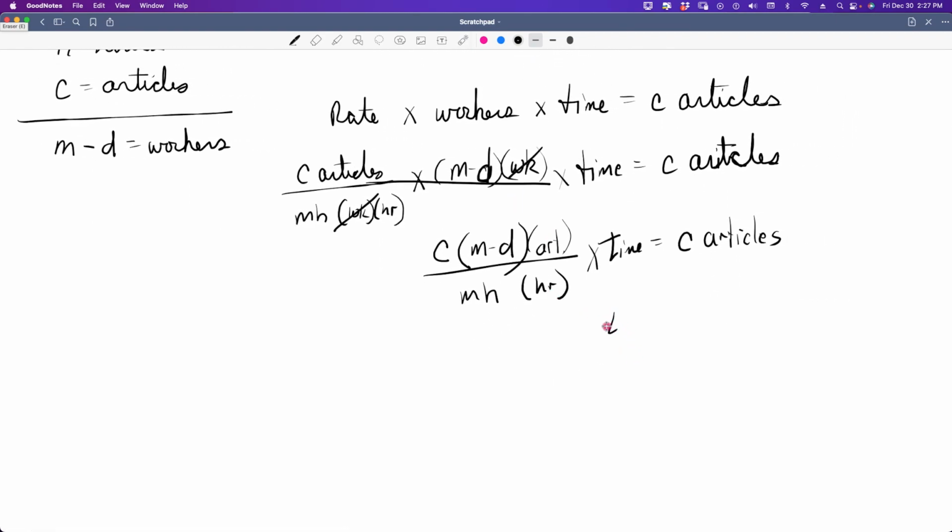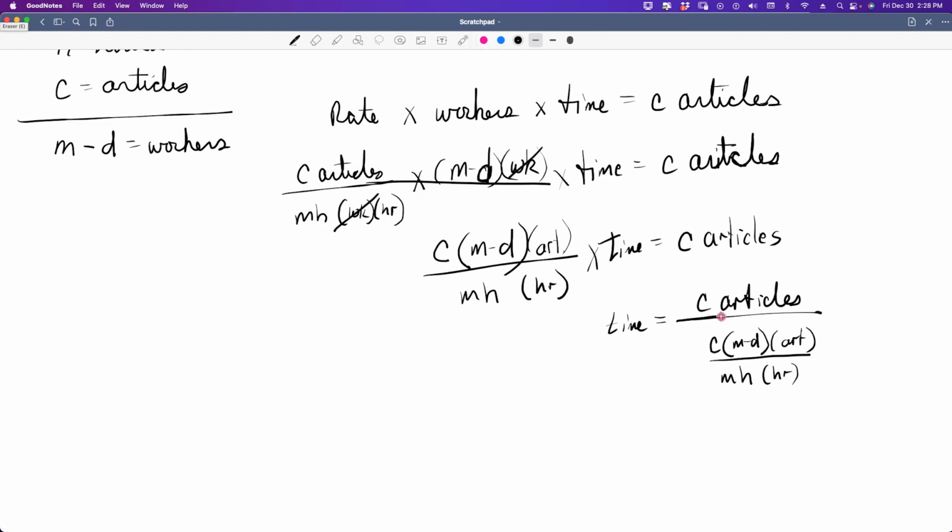I'm going to say time is going to be equal to C articles over C times M minus D times the articles over M times H times the hour.